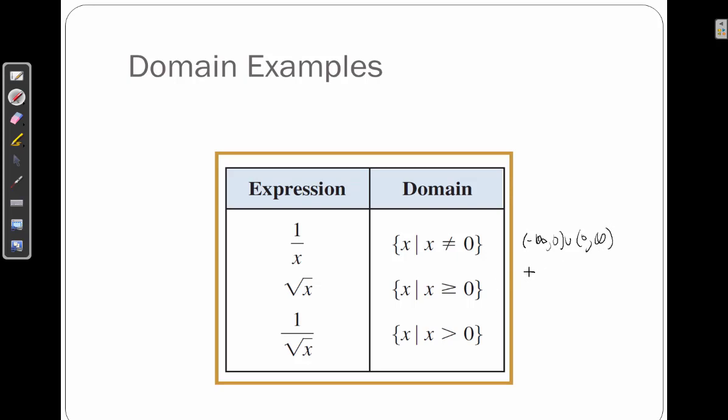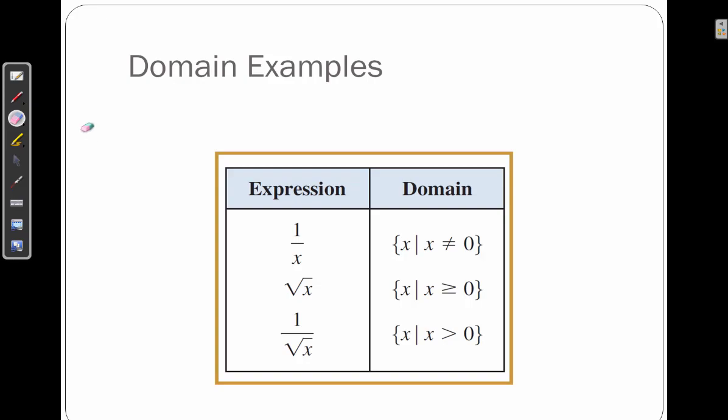This one would just be square bracket 0 to infinity. And that one is different than the square root of x because it still has the square root in, so still x has to be greater than or equal to 0, but it can't equal 0 because 1 over 0 would be undefined. So this one would be 0 to infinity, like so.